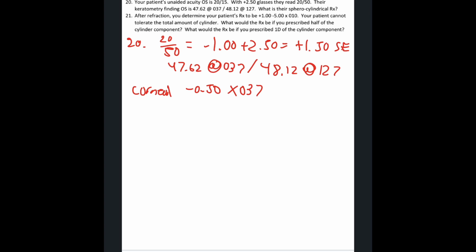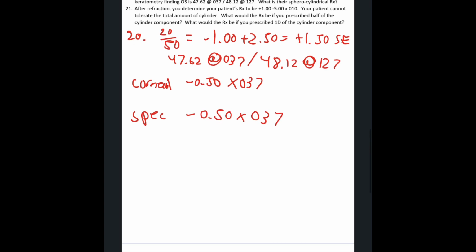And now we want to do modified Javal's to go to spectacle cyl. But the thing is, 37 is oblique. So that means the corneal cyl and spectacle cyl are the same. So we're just going to keep the spectacle cyl as minus 0.50, axis 37. And then we have our sphere cyl axis, so minus 0.50 x 37, and we have to solve for the sphere.